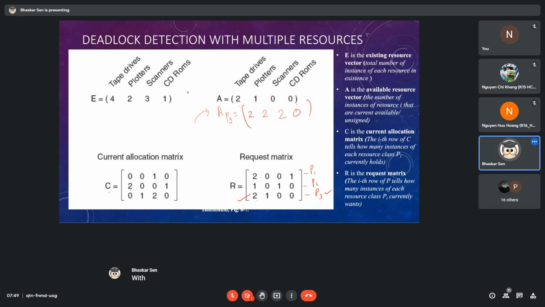With P3 done, now we are left with P1 and P2, and we have 2220. Forget about the old available. It's already been updated.